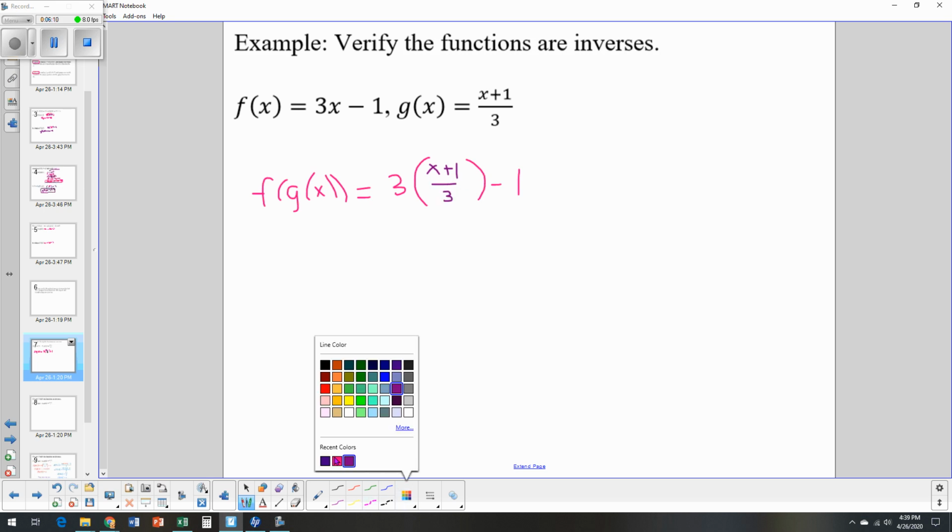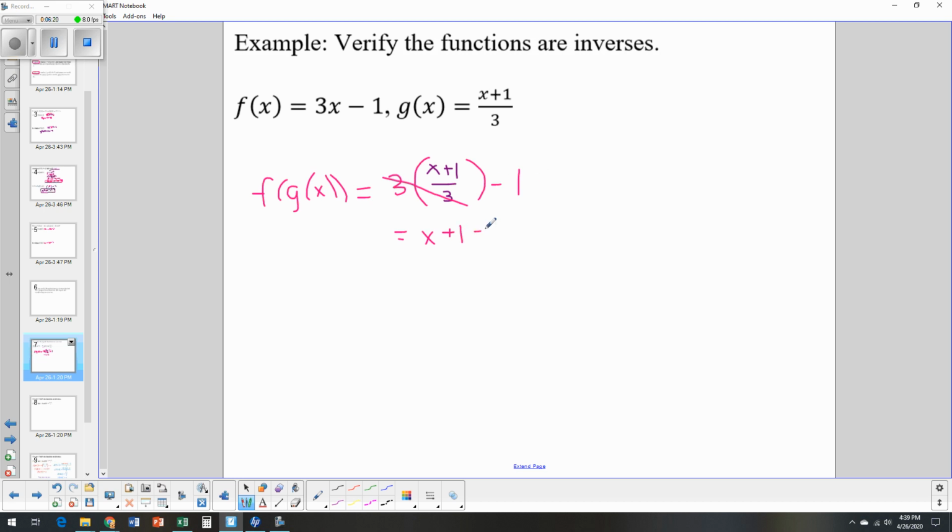And when I start to simplify this, 3 over 3 cancels. So now I'm left with x plus 1 minus 1. And plus 1 minus 1 cancel each other out. So I get x. So far, f of g of x does in fact equal my variable x.